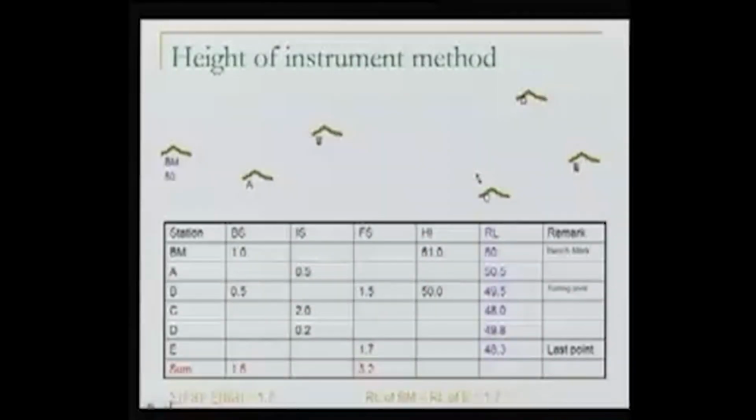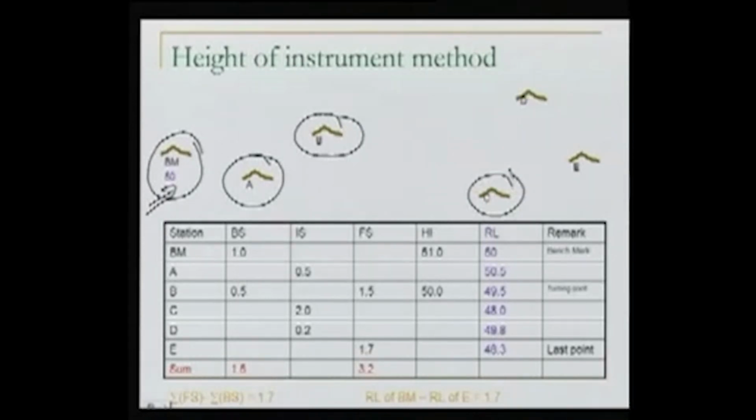Okay, this is the field here. Now if you look at the slide, over here we have a point called benchmark. Benchmark means we know the RL of this point. Then there are some more points in the ground, A, B, C, D, E. And the job is we want to start from a known point for which the RL is known.